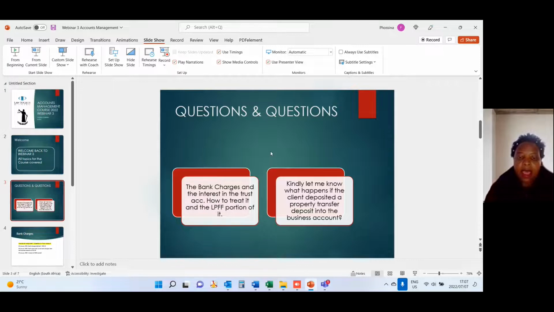So where bank charges are higher than interest, the sweeping system will ensure that it transfers money from the business account into the trust account so that there is no deficit, so that the attorney would not have to worry about the account being closed by the bank if it is not active, because the bank on a monthly basis will equalize the trust account and ensure that it is not in deficit.